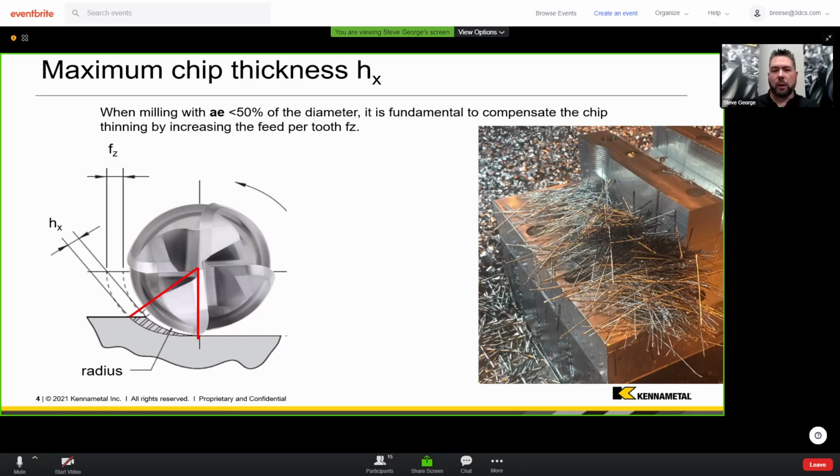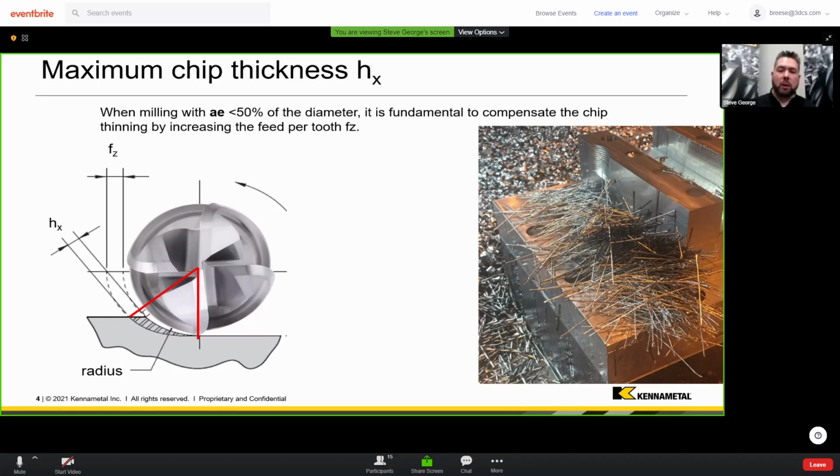This used to be something that we would teach people how to calculate, trying to get them to input the changes into their CAM system. Now, of course, you see a lot more that it's automatically calculated for you.